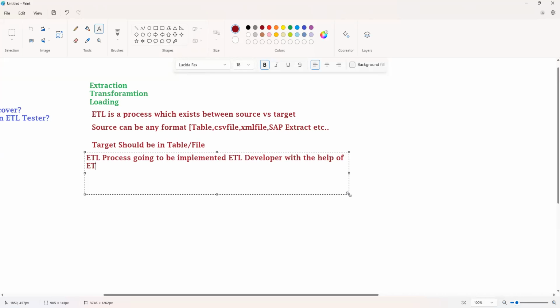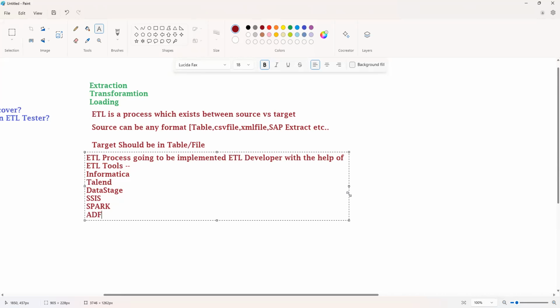The ETL developer will implement it with the help of ETL tools. For example, let's understand what the tools are: Informatica, Talend, DataStage, and other than that, SSIS, and other tools in big data, such as Spark, and in cloud, ADF, Azure Data Factory.